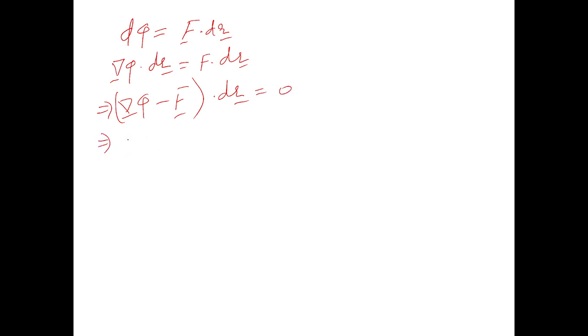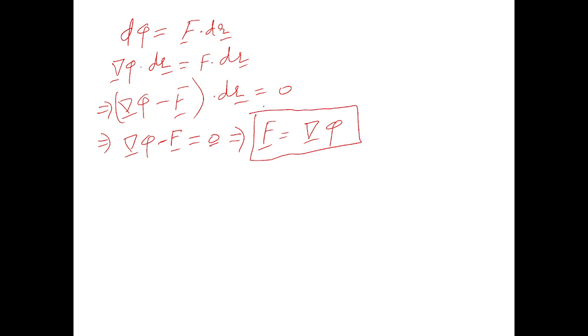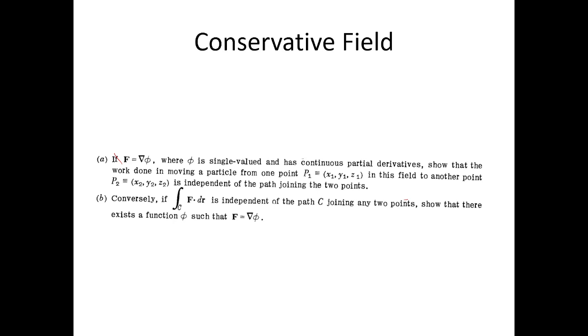So this implies grad of phi minus F is equal to 0, that is the 0 vector, regardless of the dr. That implies that F is equal to grad of phi. So if the integral, which is the work done, is independent of the path, then the given field is equal to grad of phi.